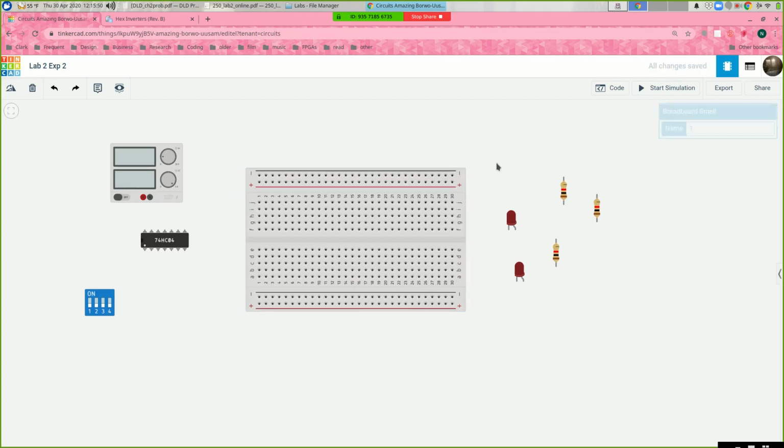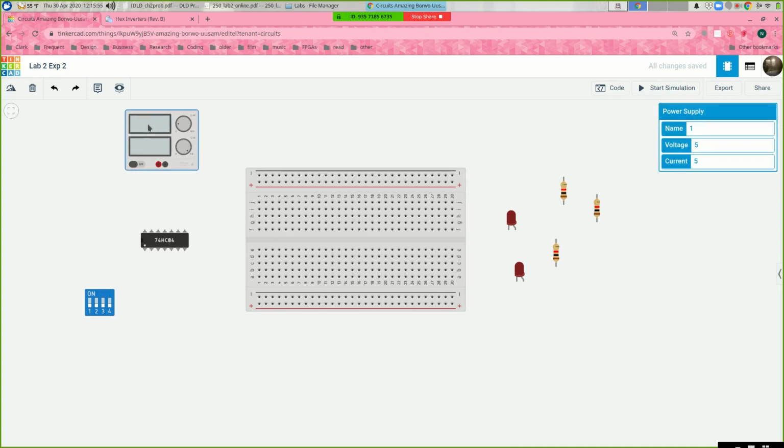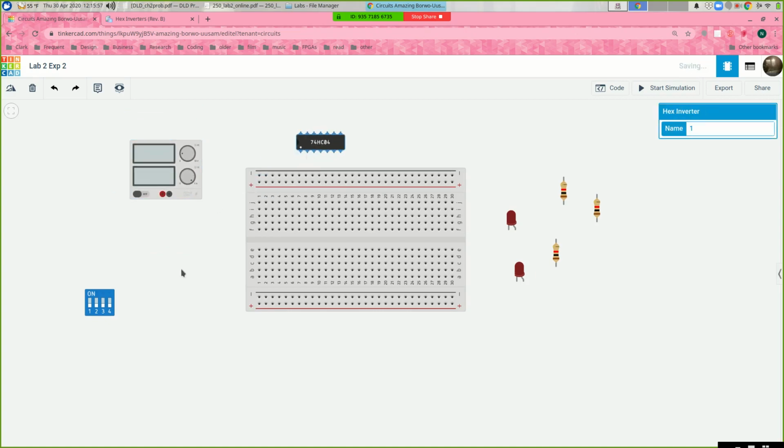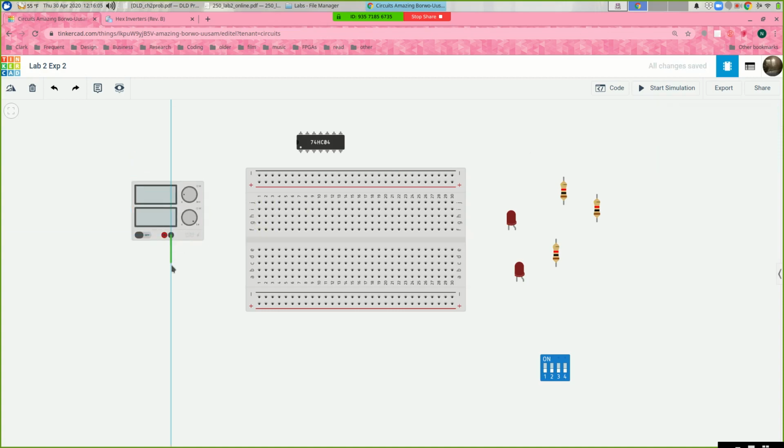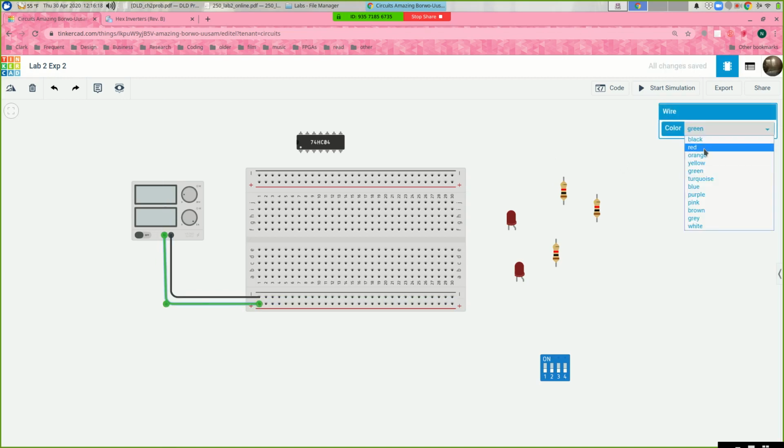All right, so let's wire up our power lines first. The usual drill. Let me put the power supply on the side and run some wires. I'll go from here over to ground, make that black, straighten it up, go from here over to power, make that red, straighten it up.